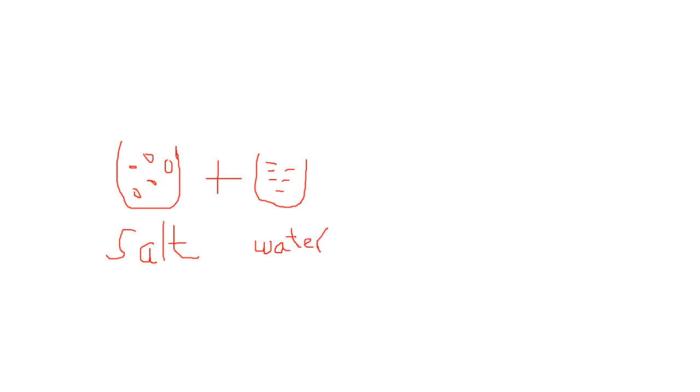So this is water. The end product is a salt solution. If you mix the two, you will have a salt solution. And in this salt solution, you will not be able to see the salt.